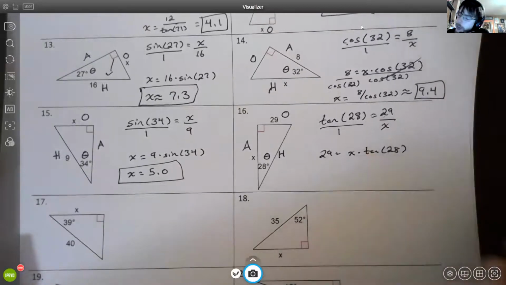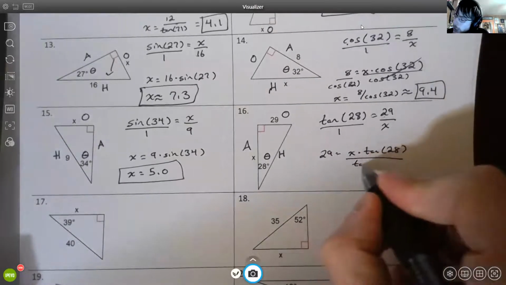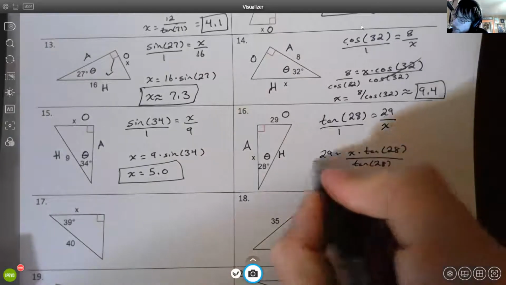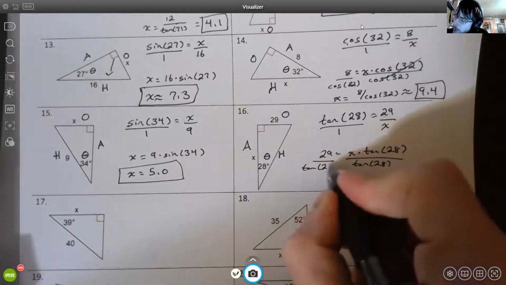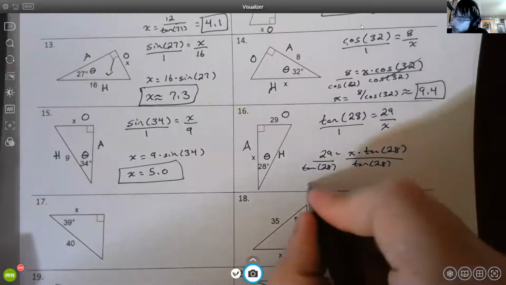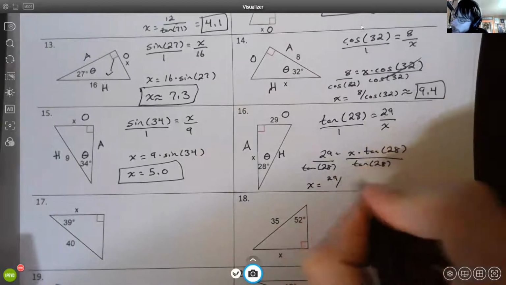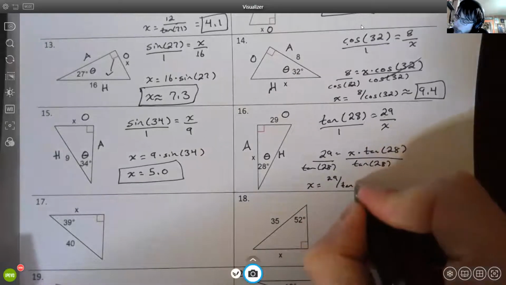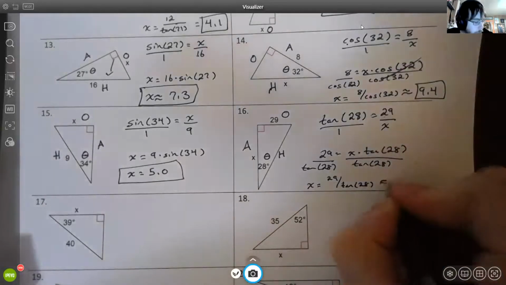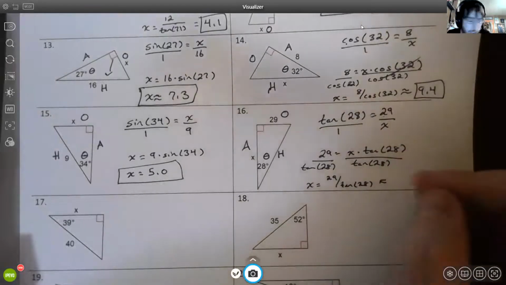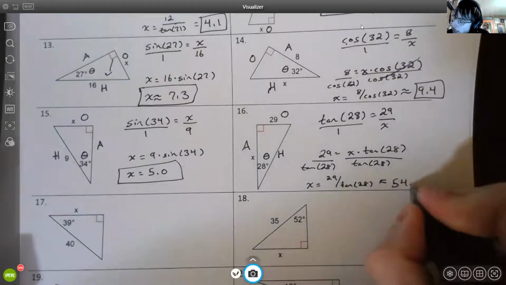X is with the tangent of 28, so we need to divide both sides by tangent of 28. And when you plug 29 over tangent of 28 into the calculator, you end up with x being approximately 54.5.